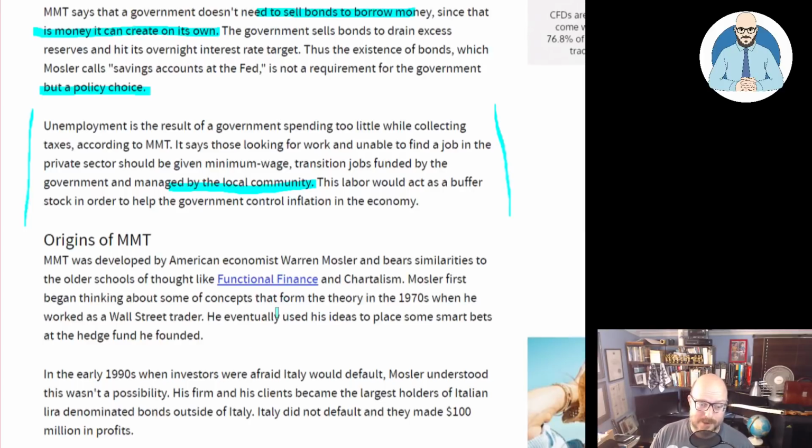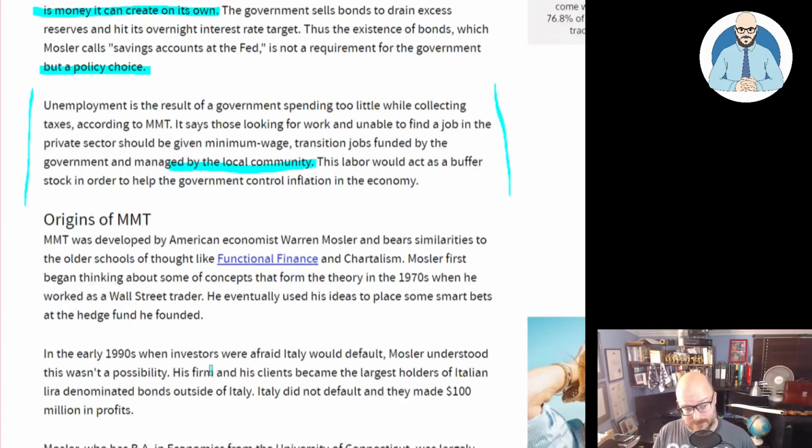MMT was developed by American economist Warren Mosler and bears similarities to the older schools of thought like functional finance and chartalism. Mosler first began thinking about some of the concepts that formed the theory in the 1970s when he worked as a Wall Street trader. He eventually used his ideas to place some smart bets at the hedge fund he founded.